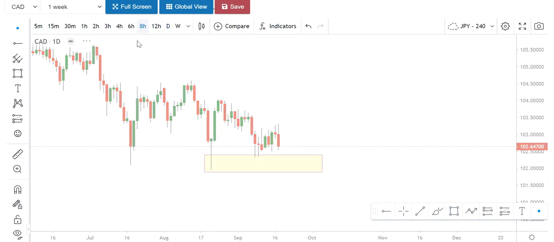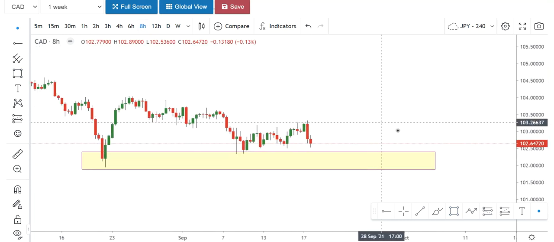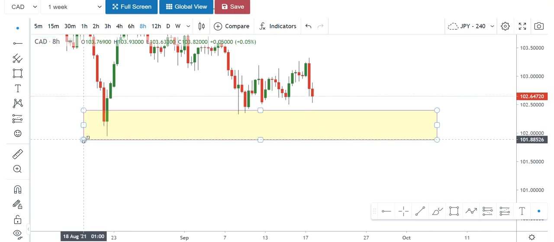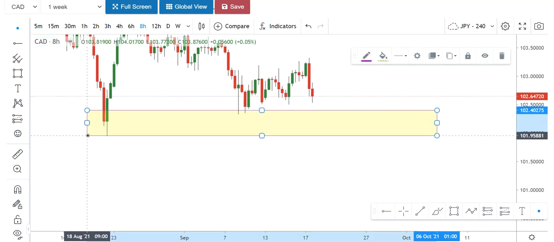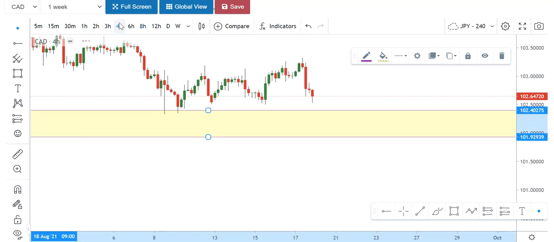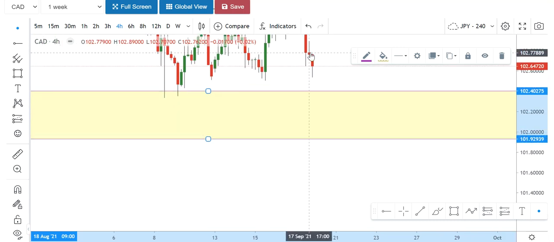But let's see what the 8 hours is telling us. Now so far the 8 hours is telling us that we are yet to tap into this demand zone, so we are likely to see that price will tap into this demand zone, so price may fall to this downside and move upwards.